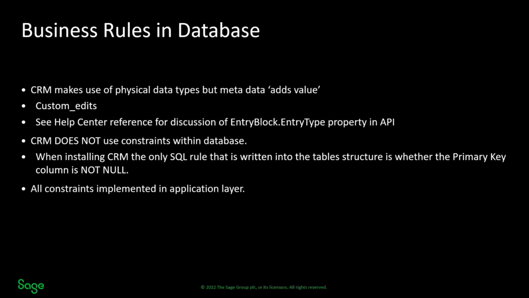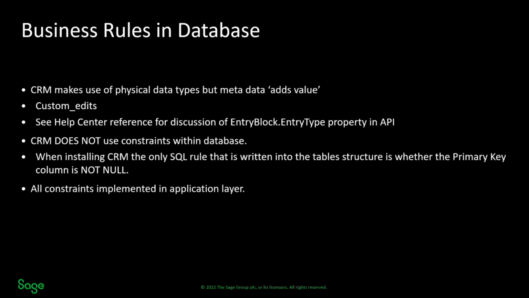So Sage CRM has this idea that you've got the physical type, and we're now going to express rules about the quality of the data that is entered into a particular field by taking advantage of entry types. These are the field types within Sage CRM.